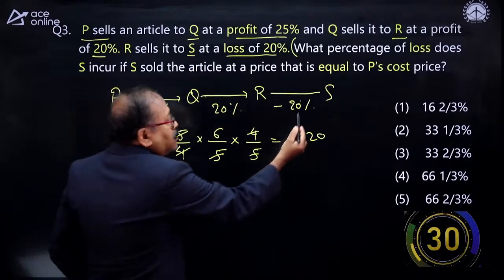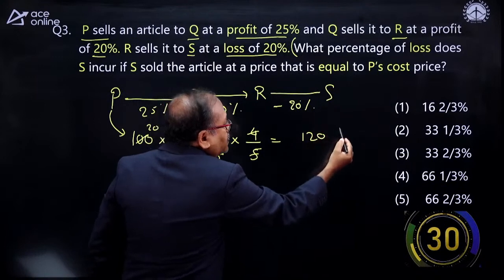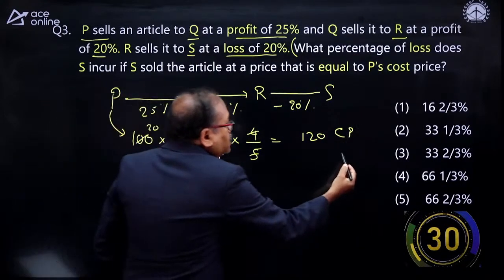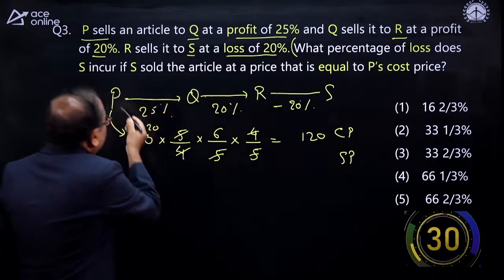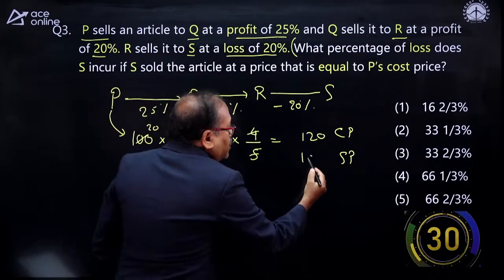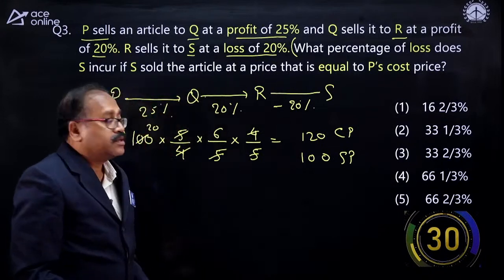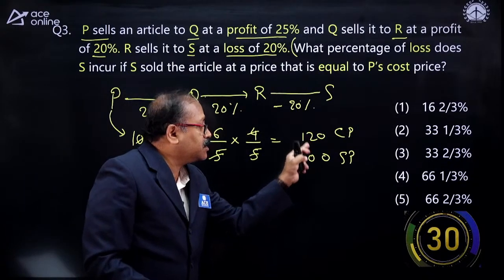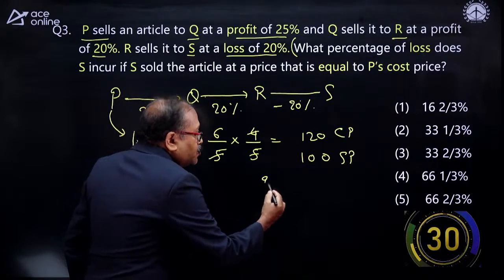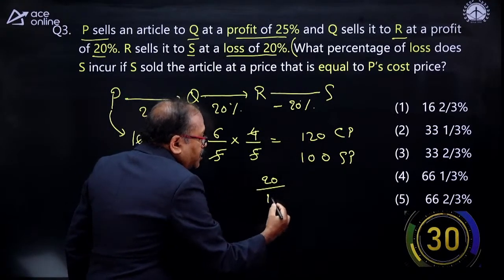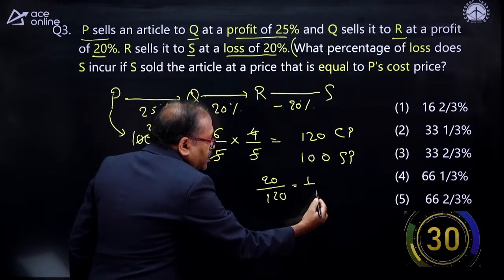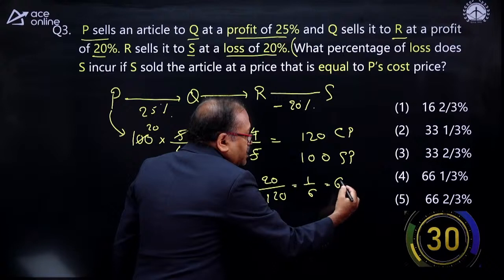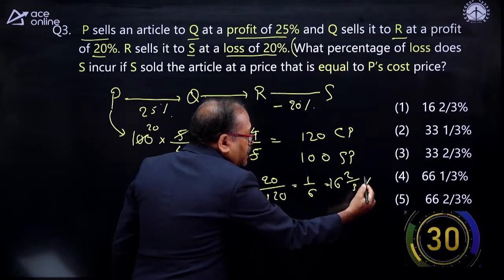So here CP is 120, the cost price of S, and SP is equal to the cost price of P, which is 100. So is there a profit or a loss? I can see that CP is greater than SP, or SP is less than CP, so there is a loss. How much loss? 20 loss over 120, which is nothing but 1 by 6, and 1 by 6 is 16 2 by 3%.